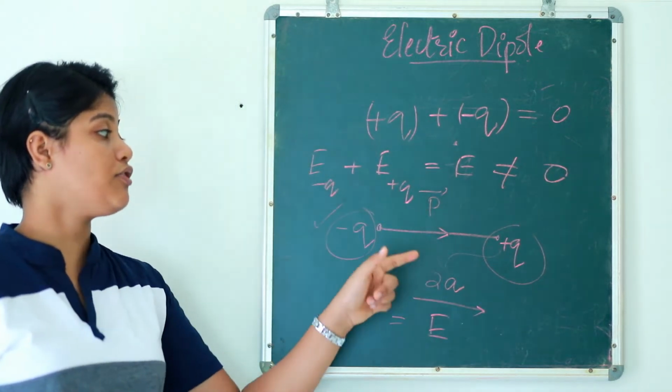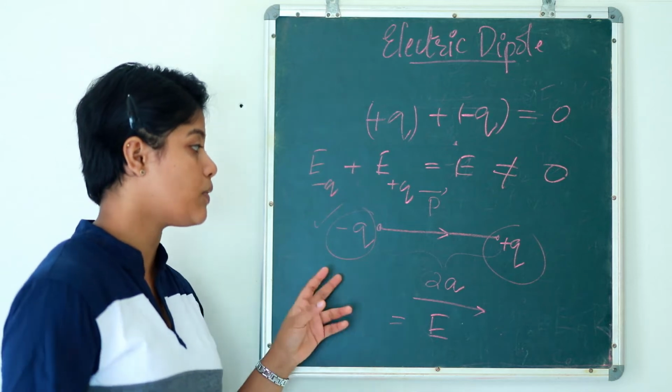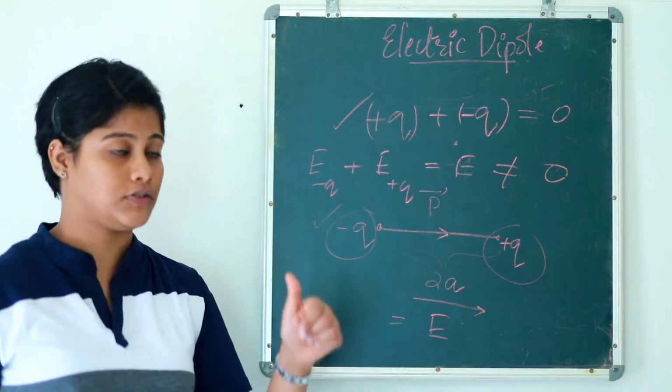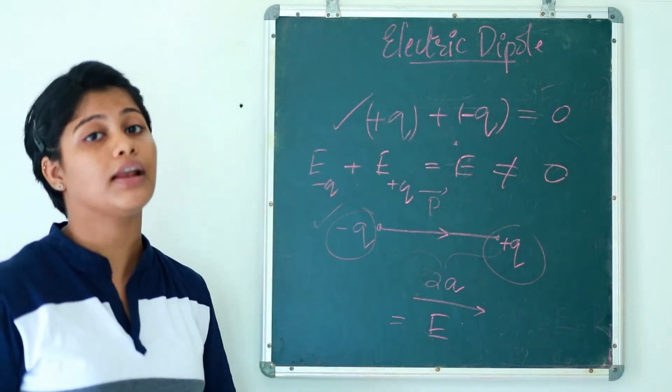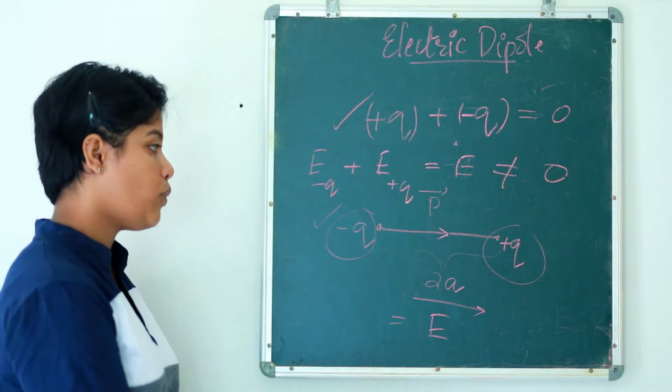That means the electric field of a dipole can never be 0. So these are the two conditions when we compare dipoles: the net charge of a dipole is always 0 and the net electric field E is not equal to 0.